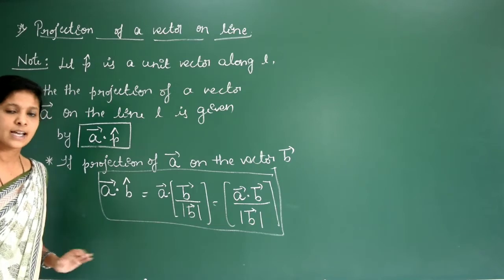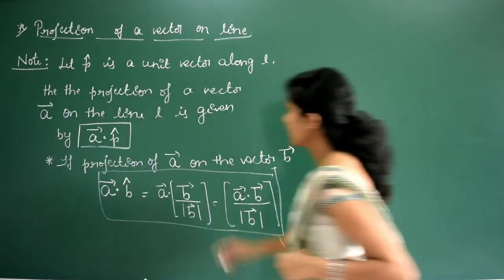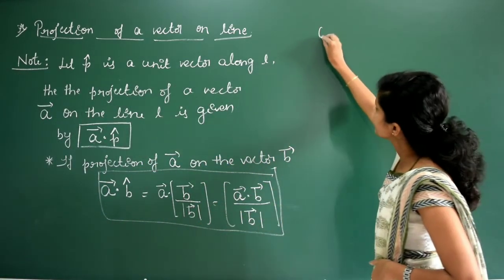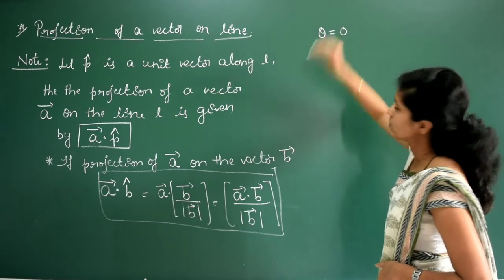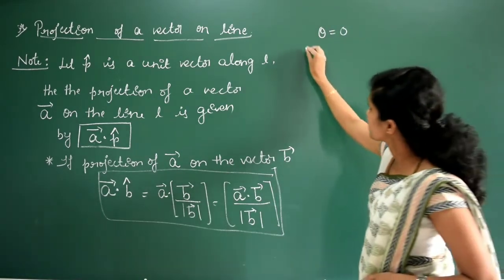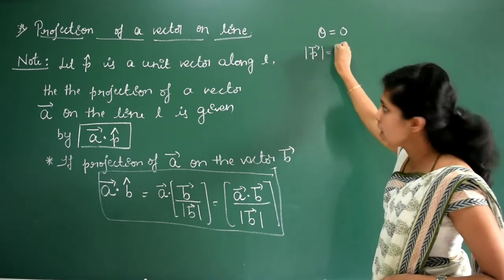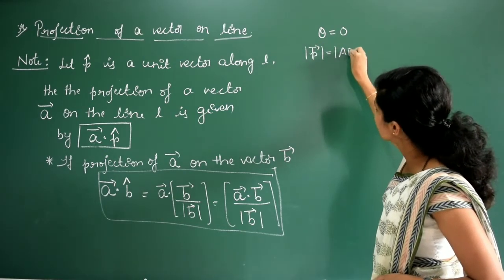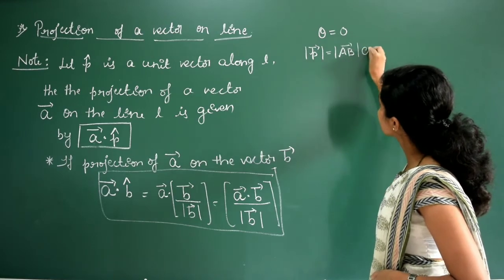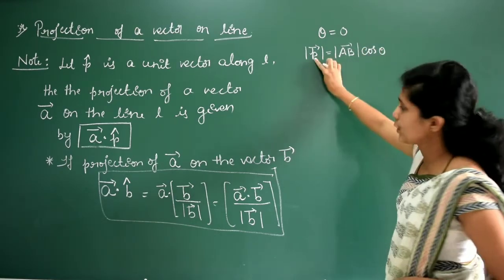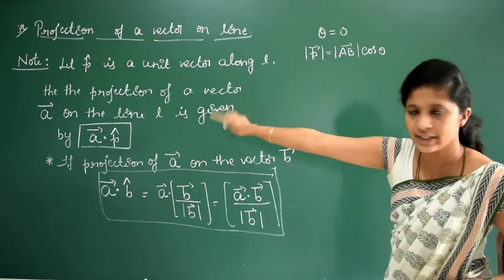Okay, remember this. Now, one more thing: if the angle theta is equal to 0, what can we write? I have written the formula there. The magnitude of P vector is equal to the magnitude of AB vector into cos theta. In the previous we have written that, right?